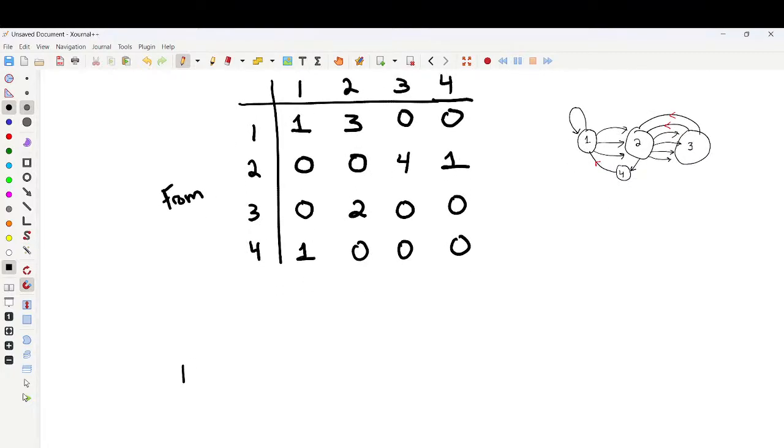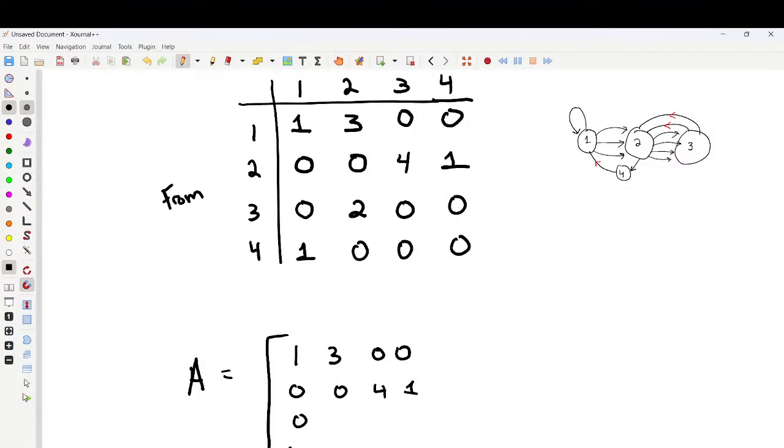We might call this, actually, I'll just call it A. And in a matrix form, we would write this. Boom.